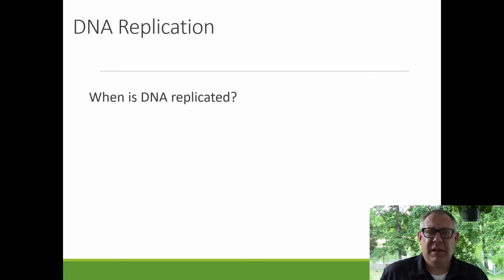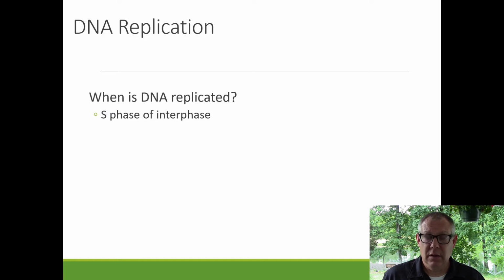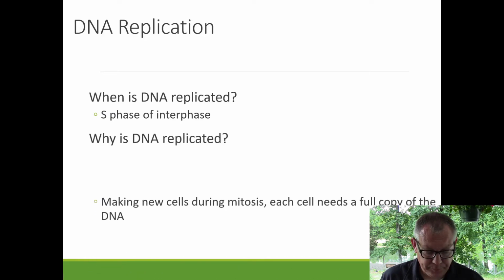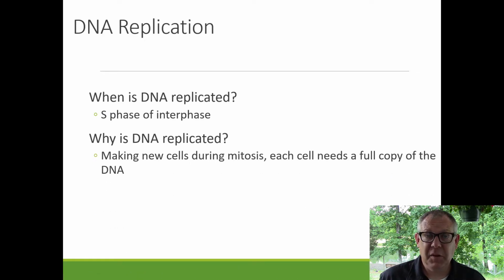So we've already talked about DNA replication. When is DNA replicated? Of course, that's during S phase of interphase, right? Synthesis phase. So that's when these steps occur. Why is it replicated? Remember, if you're making new cells during mitosis, each cell needs a full copy of all the DNA.